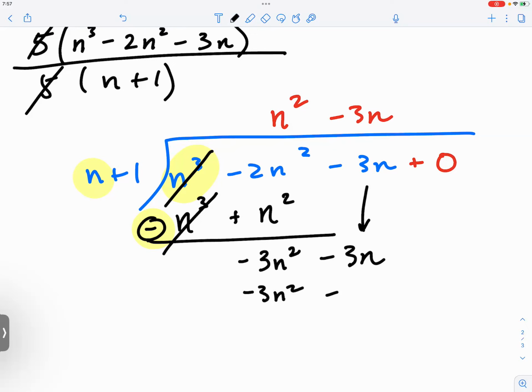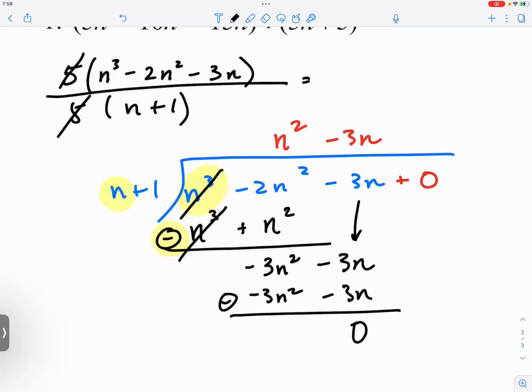And then negative 3n times 1 would be negative 3n. Well, guess what? Do they look very similar to each other or identical to each other, right? So they cancel each other out. And actually, that's it. So what's the answer? N squared minus 3n.